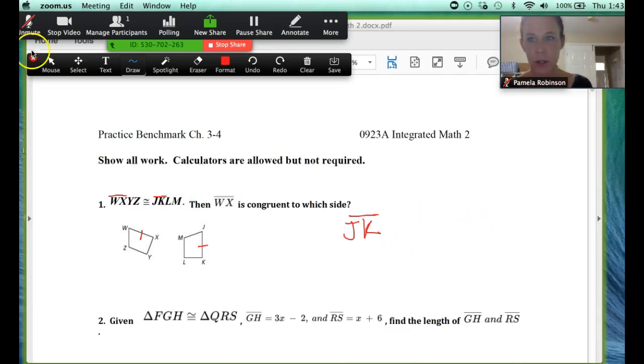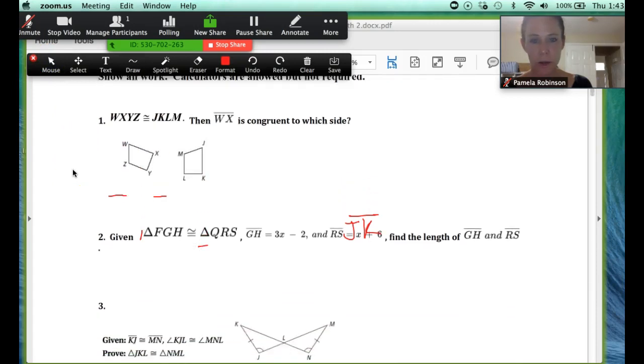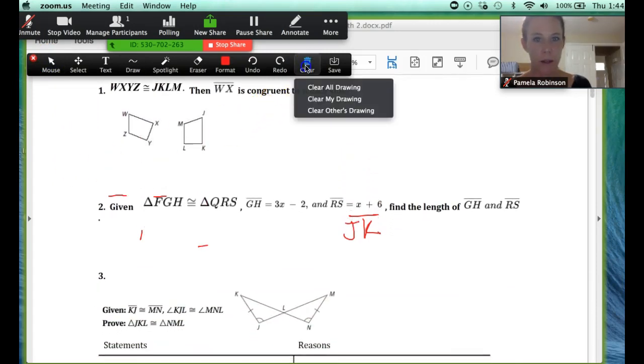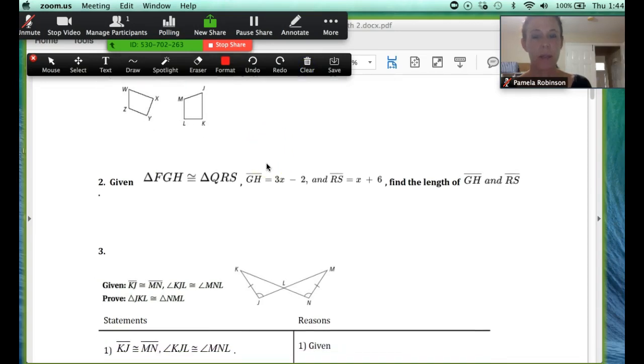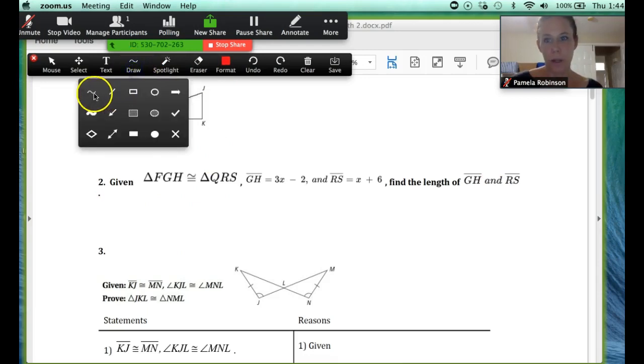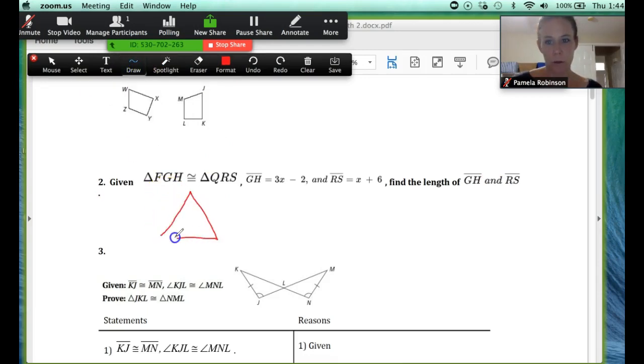All right, let's go down to number 2. Given triangle FGH congruent to triangle QRS, find the lengths of GH and RS. If I draw a quick triangle F, G, H, and another triangle Q, R, S, they tell us these are congruent, so their parts are congruent.